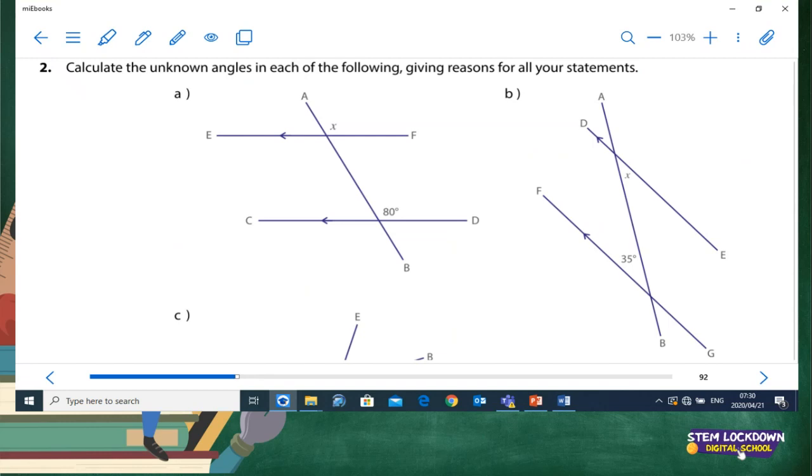So at this point, we have now looked at the corresponding angles, X and 80. We have also looked at the alternate angles, X and 35, and we said that the two are equal.